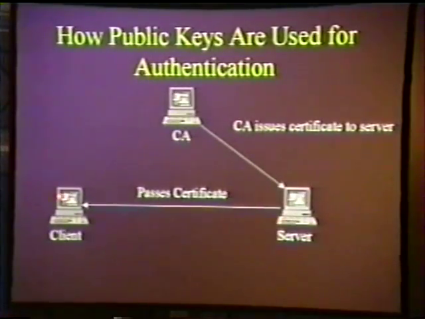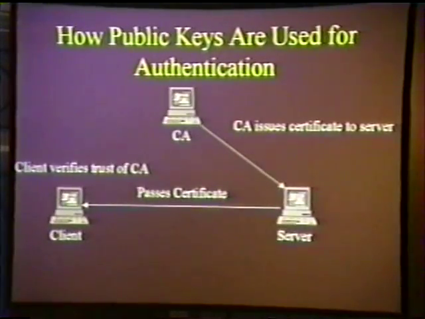This is a client trying to authenticate the server, as in an SSL connection. The server passes the cert to the client, and then the client checks its own trust list and verifies whether it trusts the CA that issued the certificate. And that's all there is to it.